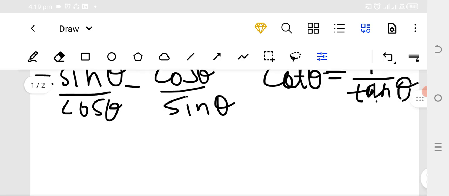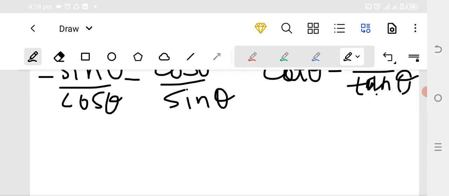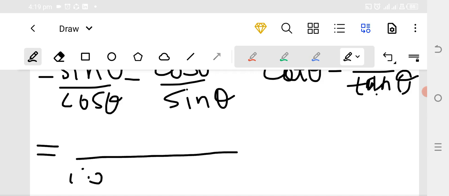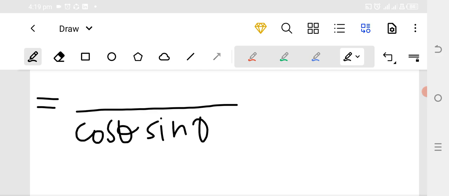Then to continue, look for the lowest common denominator, and in this case we're going to multiply cos theta and sine theta, and then we are going to have is equal to cos theta sine theta.